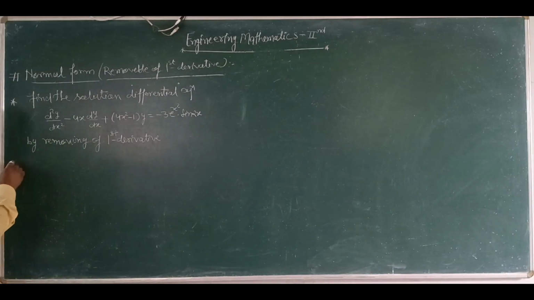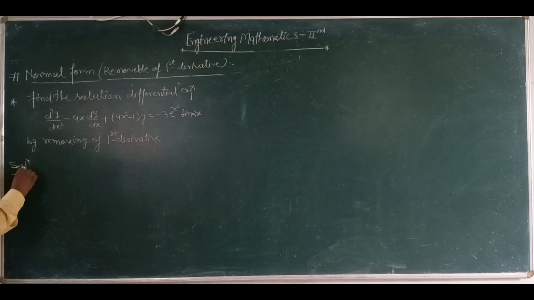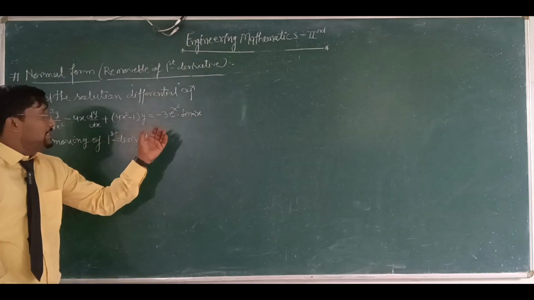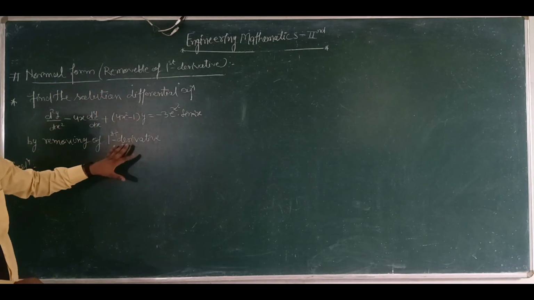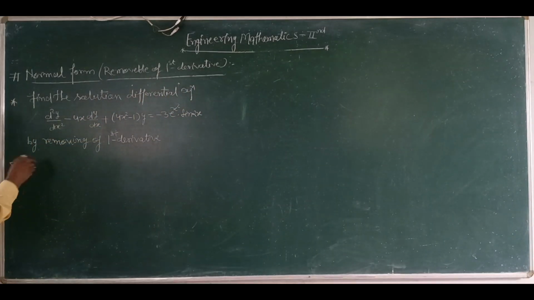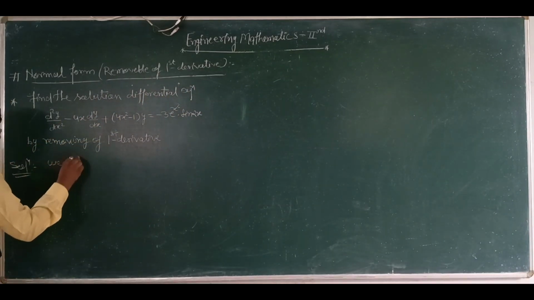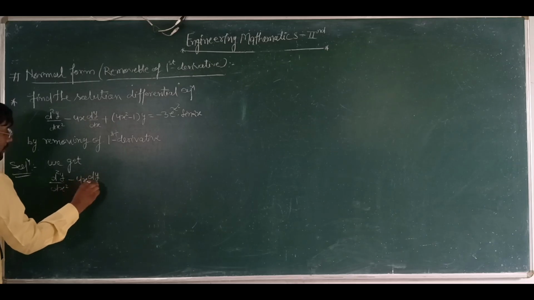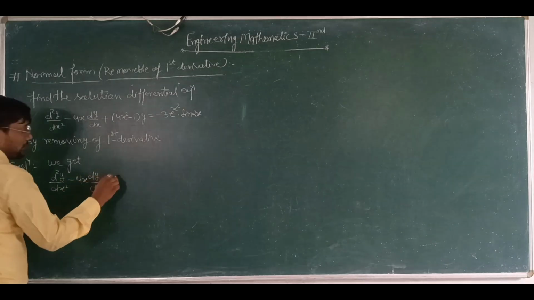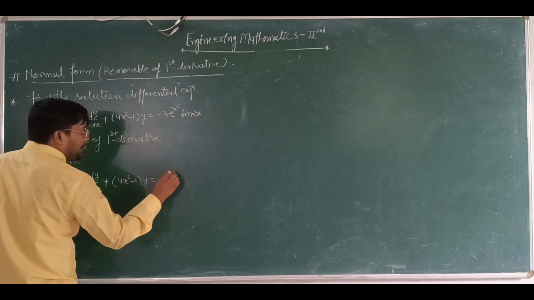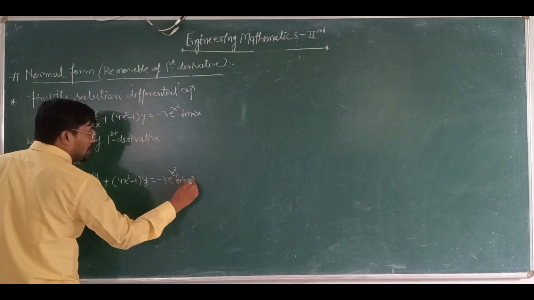Now the solution of this problem, first of all you can watch these steps. If the CF is not found by the rule of the CF, now you can use the normal form of the second order differential equation, or you can use the removal of the first derivative. Now we get d2y of dx2 minus 4x dy of dx plus 4x square minus 1 y is equal to minus 3 e to the power x square into sine 2x.